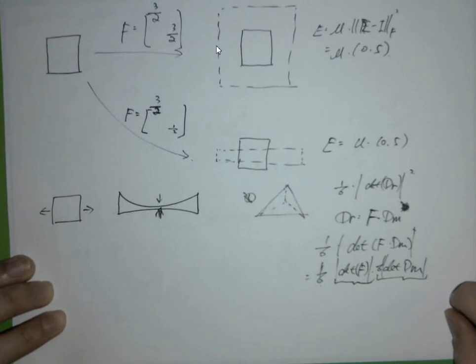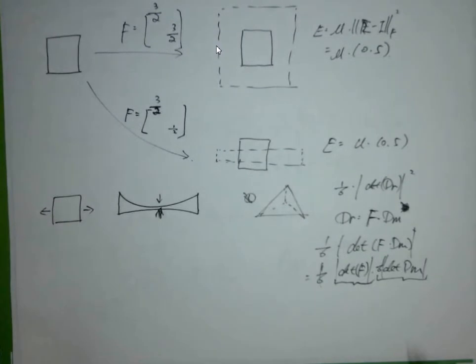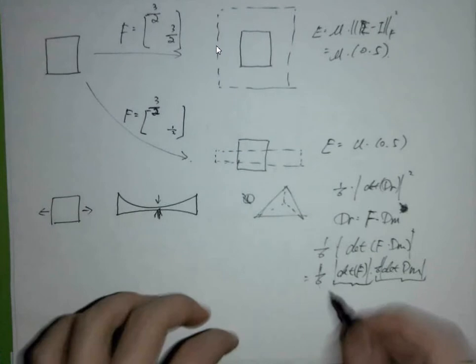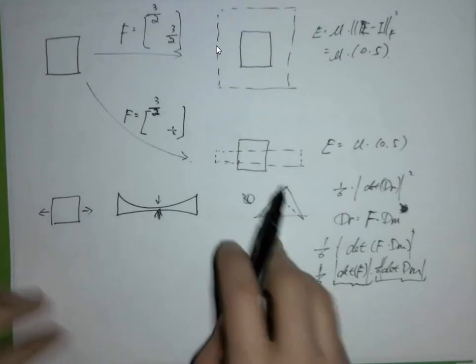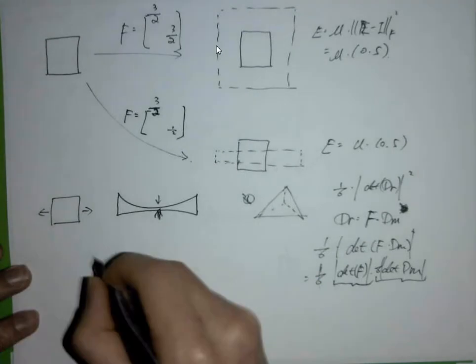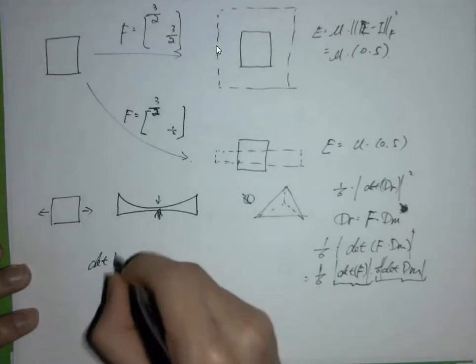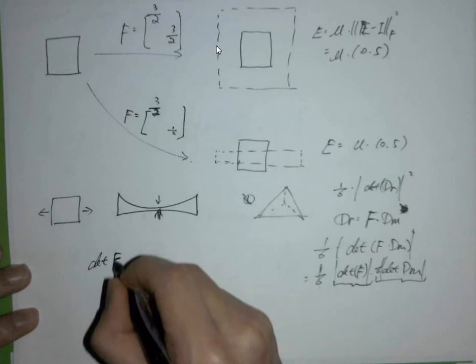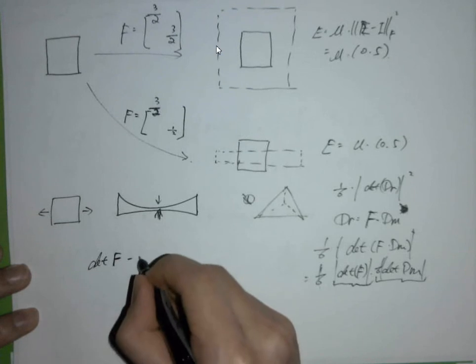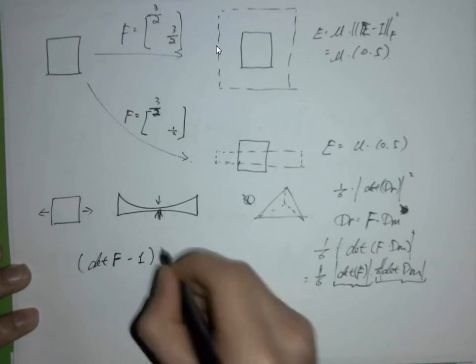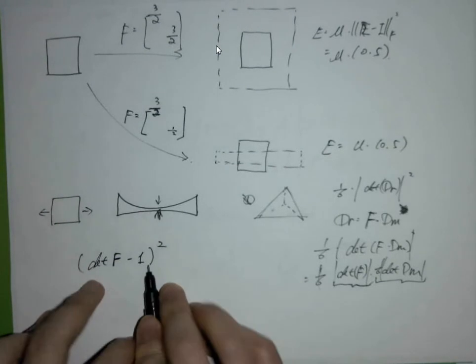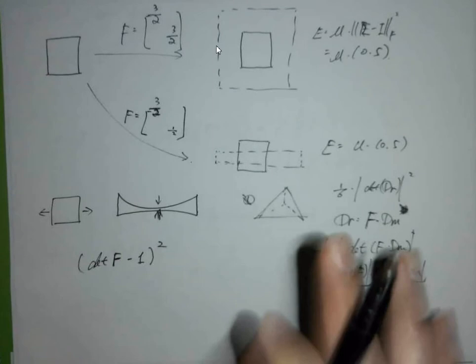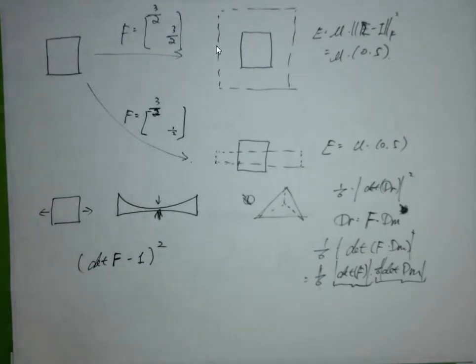Okay, so this one is kind of interesting. If I really want to get the volume to be something constant, I can simply add a term, something like determinant of F minus 1 squared. If I add this term to the energy, I'm adding a soft constraint, and it wants to preserve the volume as much as possible.